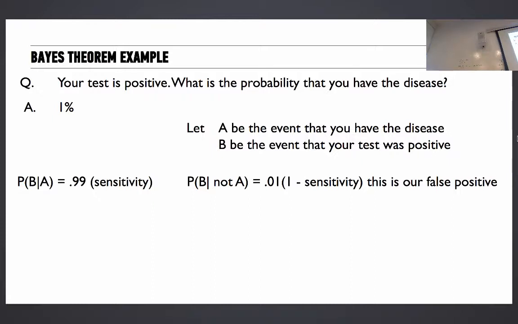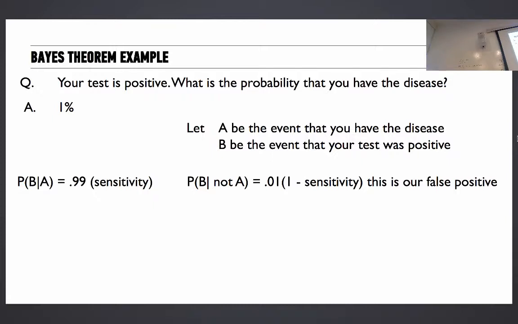The test was 99% sensitive. Isn't that weird? What does that mean? Here's what sensitivity means, in probability speak: the probability that the test was correct given that you have the disease is 0.99.